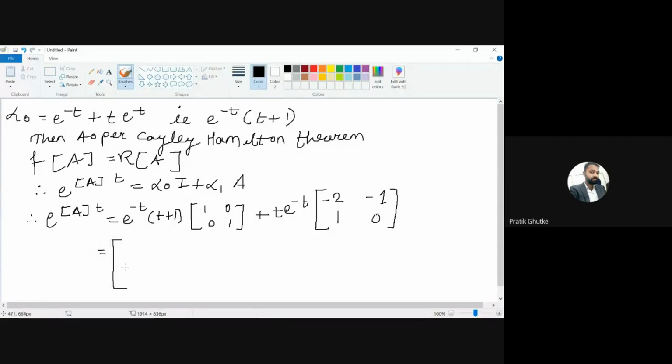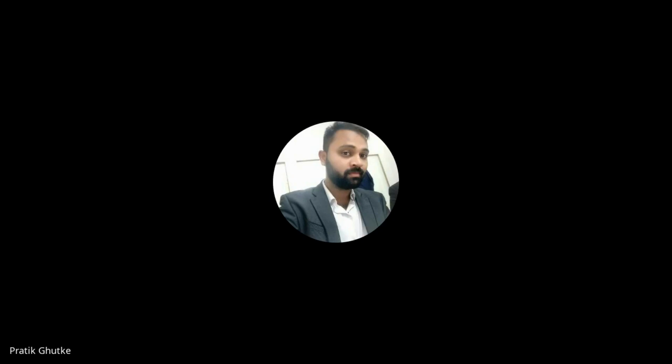So t e raised to minus t plus e raised to minus t in the diagonal and 0 here.